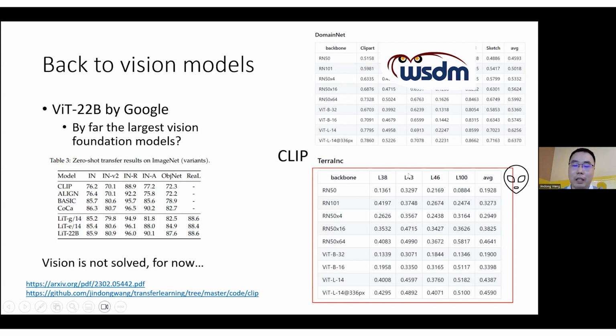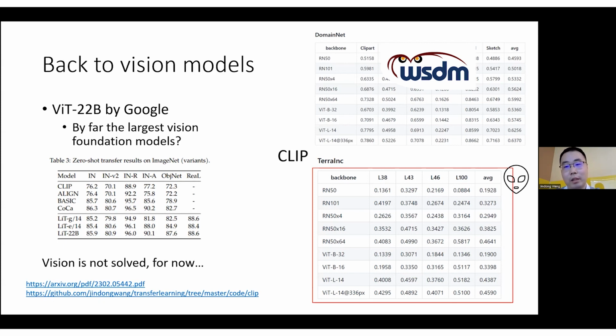But another shortcoming, or maybe another drawback of CLIP, is that it does not do well on this dataset. You can see that the average performance is very low, and the reason is very interesting. Why? Because this dataset is called Terra Inc. It's some pictures taken from the wildlife animals.